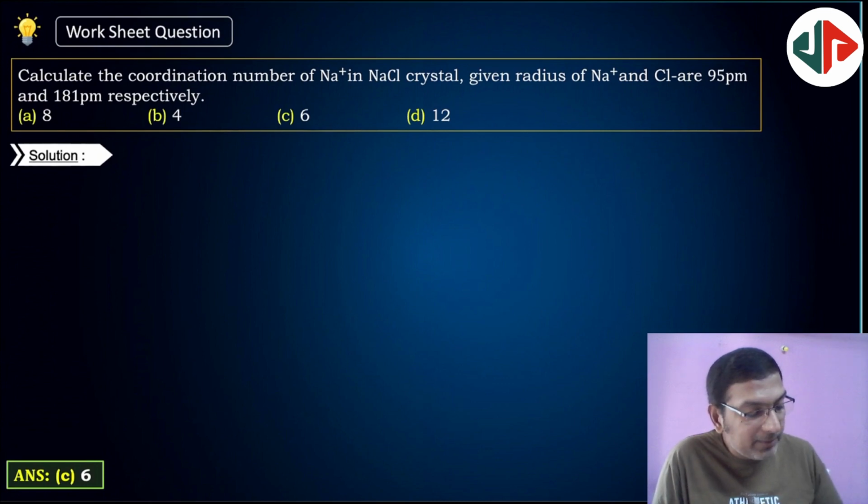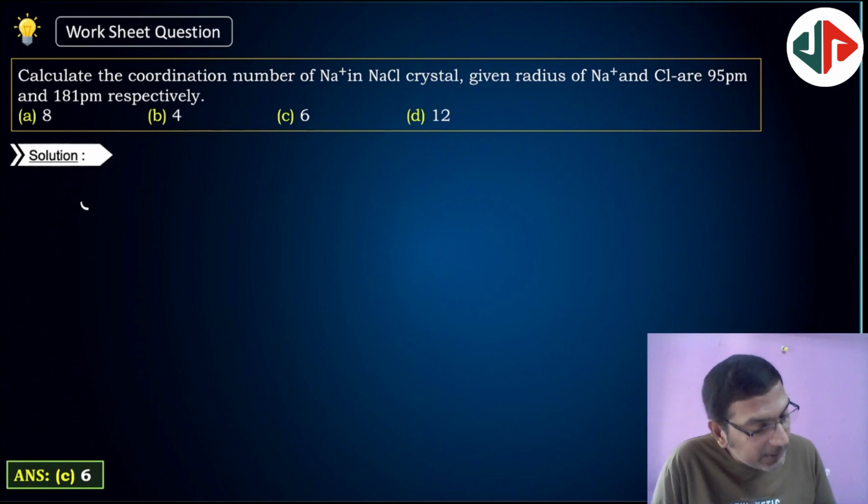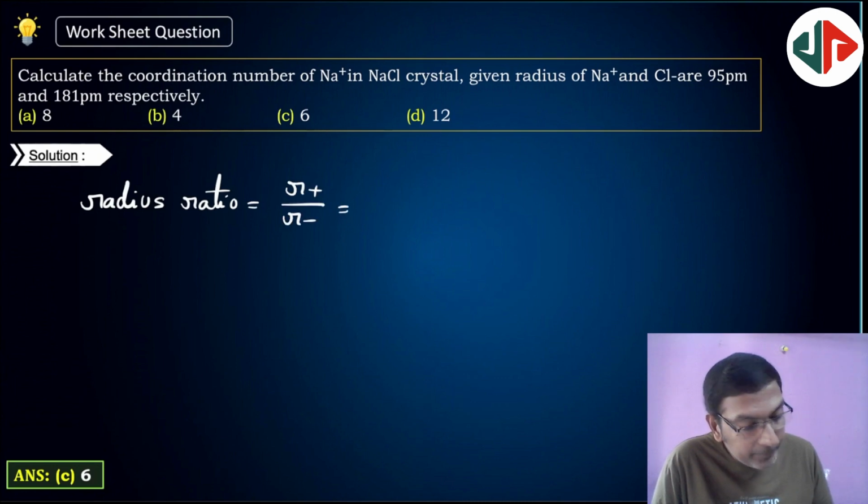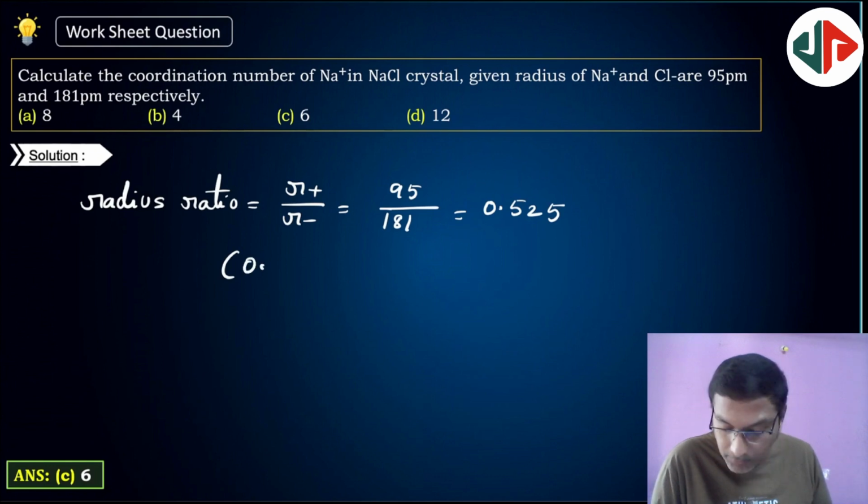Calculate coordination number of Na plus in NaCl crystal given Na plus and Cl minus radii. So radius ratio equal to radius of cation by radius of anion. So cation 95 by anion 181. So this value is 0.525, which is in between 0.414 to 0.732.